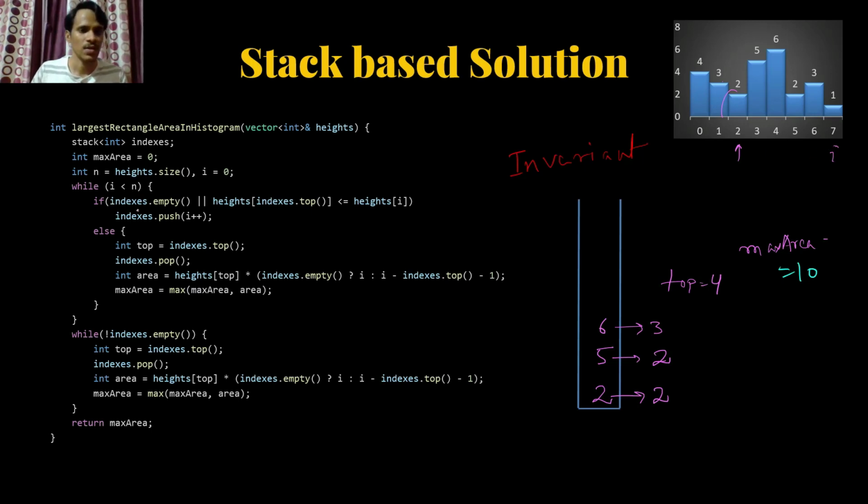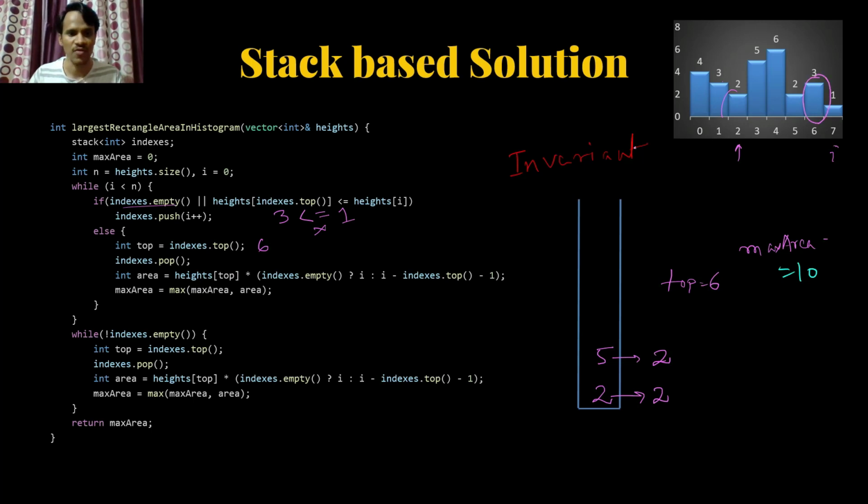So this stack is not empty, and the current element at the top is 3, height is 3, and which is not less than equal to the height of the encountered element. So we go to the else part. The top index is 6. We pop this top index and we calculate the area.